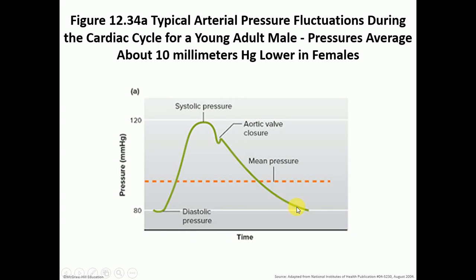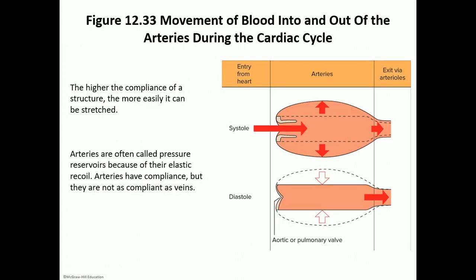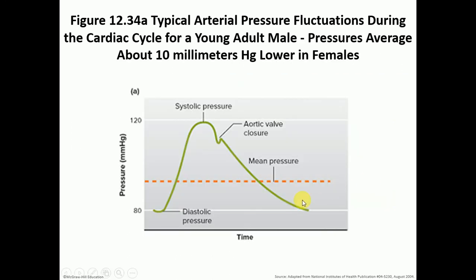Not only because the ventricle is no longer pushing blood, but because, again, even the blood that was already in there is being pushed forward in order to go through the rest of the circulation. So ventricular systole, pressure goes up in the aorta, while during ventricular diastole, the pressure in the aorta is going to gradually go down.